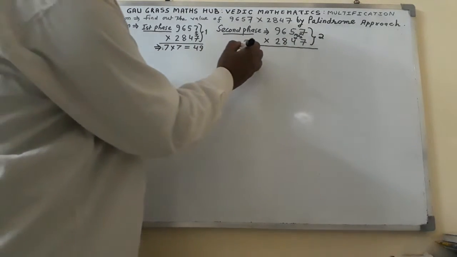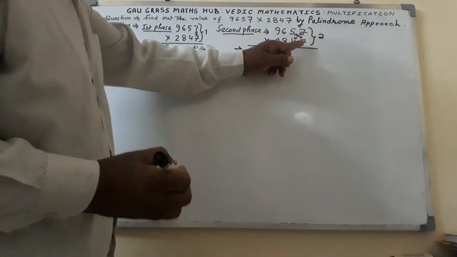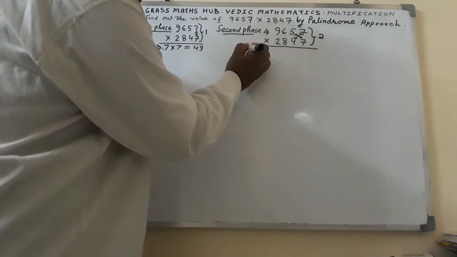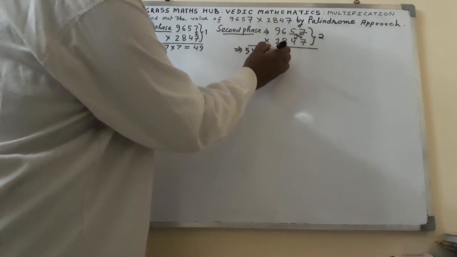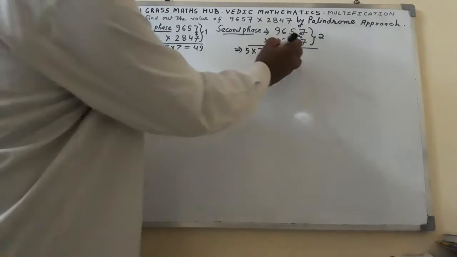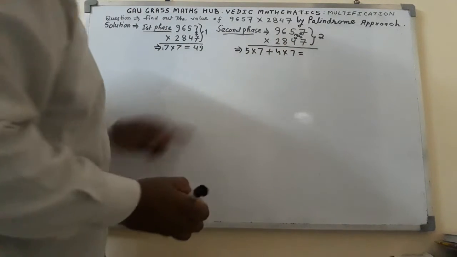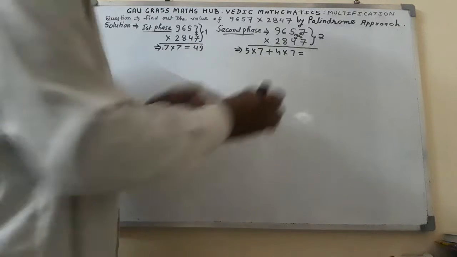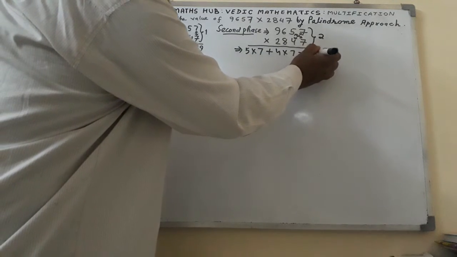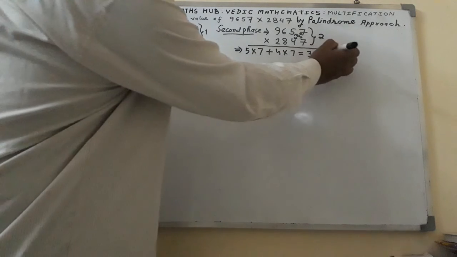So what we will do in this case: 5 will multiply by 7 plus 4 will multiply by 7. You will get 5 sevens are 35 plus 4 sevens are 28.